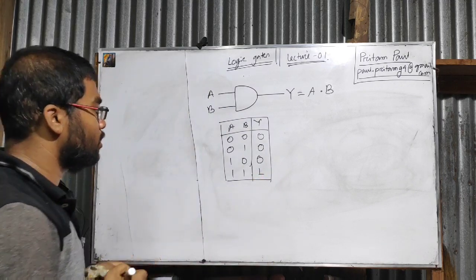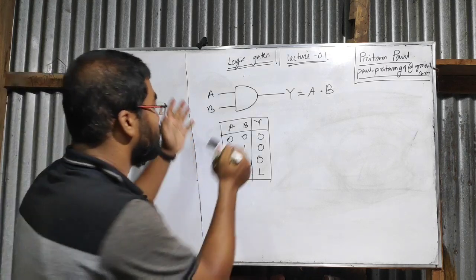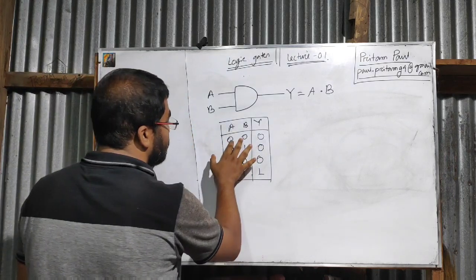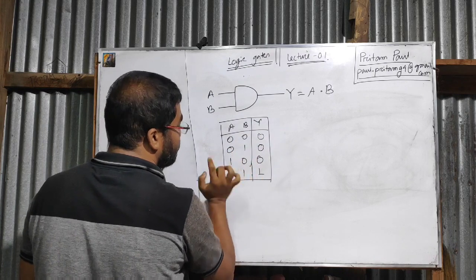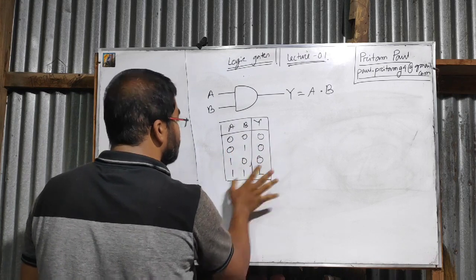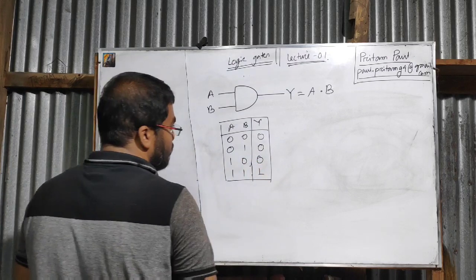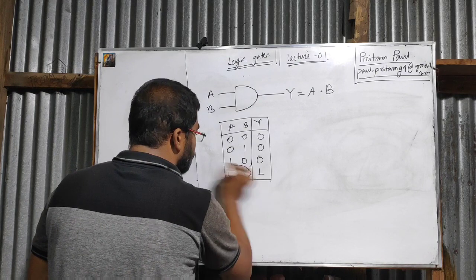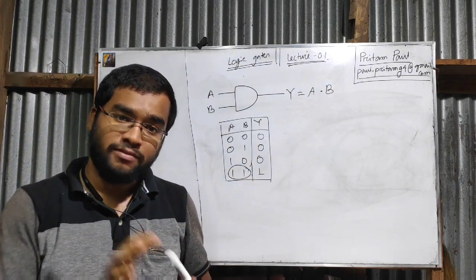If any one of those is 0, then the output is 0. It will only show the output 1 when A and B both are 1. This is the basic thing which you have learned.